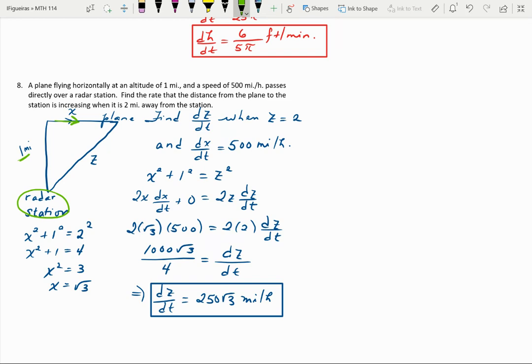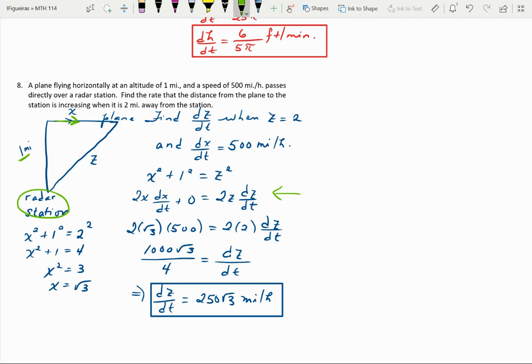So again, we use the Pythagorean Theorem. So I have x squared plus 1 squared equals z squared. We replace the 1 because the height or the altitude is a constant. So now I can take the derivative on both sides. So I have 2x dx/dt plus 0 equals 2z dz/dt.